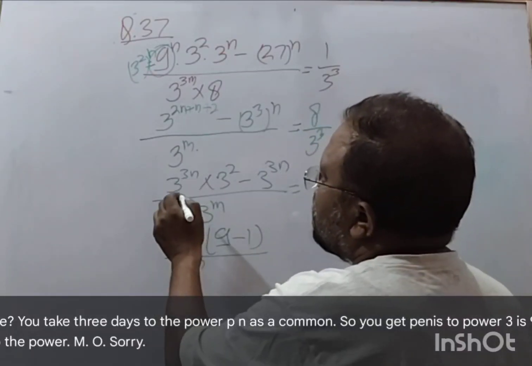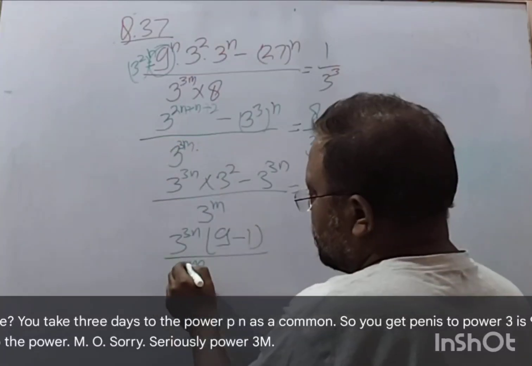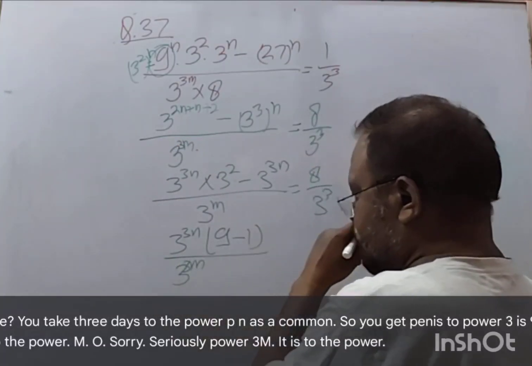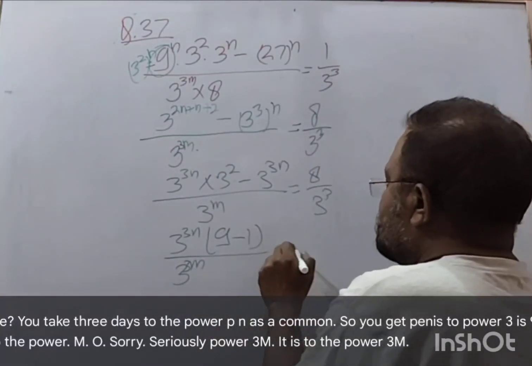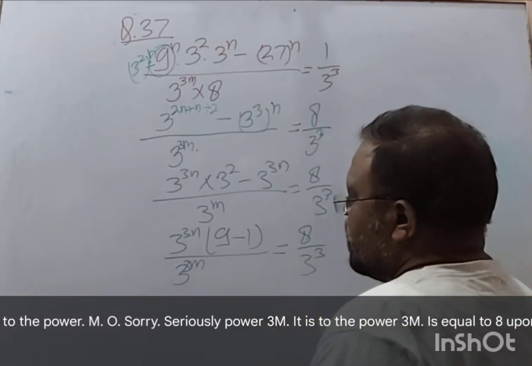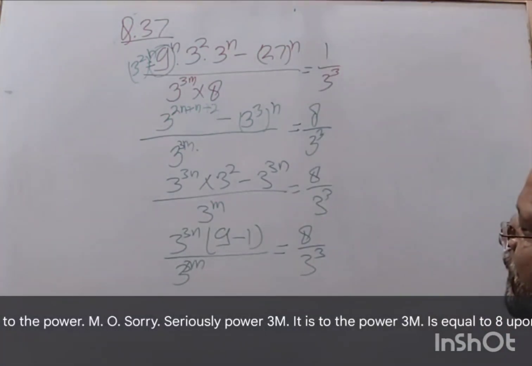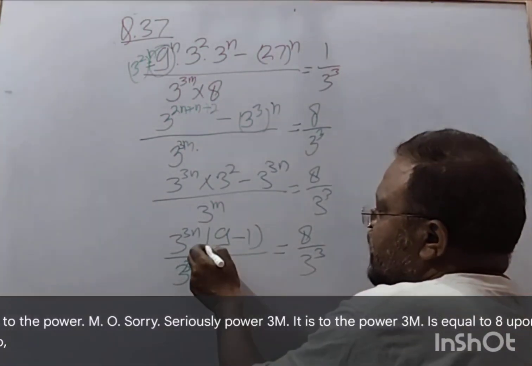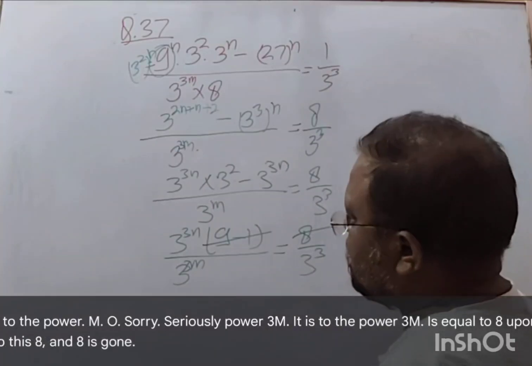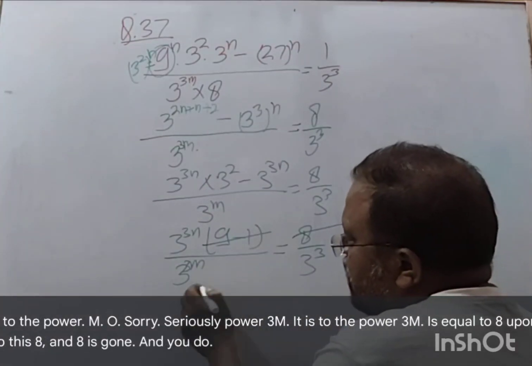Oh, sorry, 3 raised to the power 3m is equal to 8 upon 3 raised to the power 3. Is it? So this 8 and 8 is gone. And you do cross multiplication.